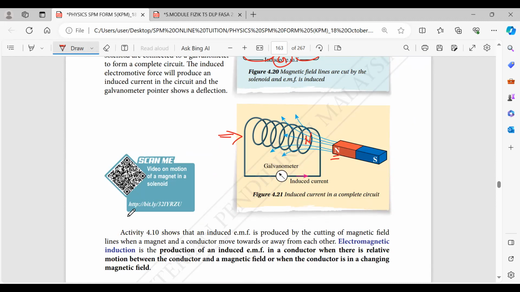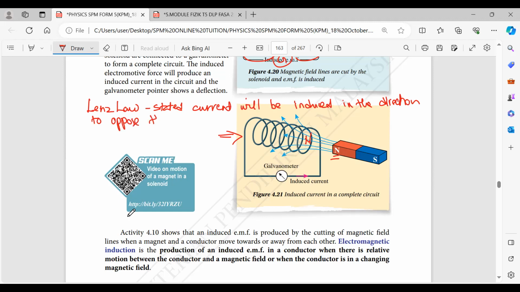Lenz's law stated that current will be induced in the direction to oppose the change.